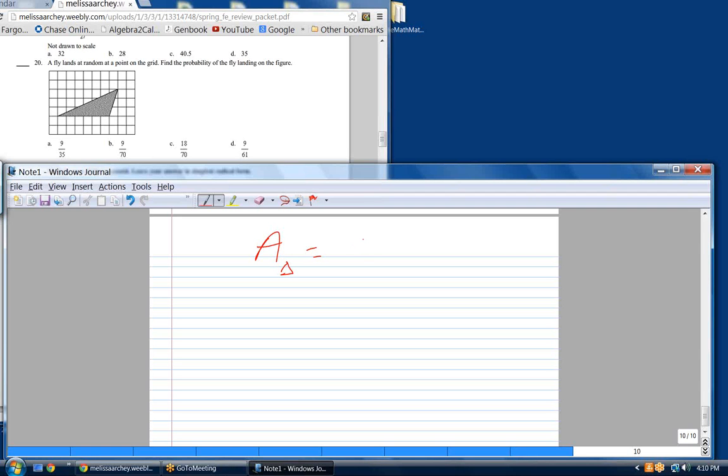Right, it would come to 9. Okay, so that's the area of the triangle, and we're going to divide it by the area of the grid, which is 1, 2, 3, 4, 5, 6, 7 times 10, I'm guessing, or is it 9? Yeah. It's 3, 10. So there's your answer.